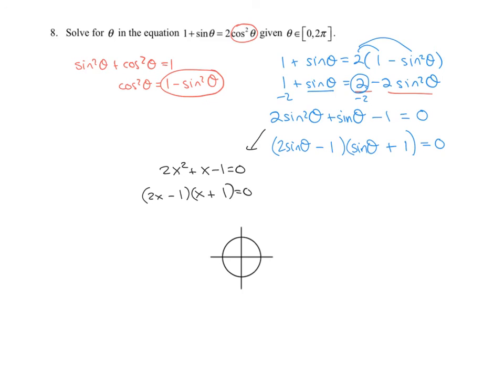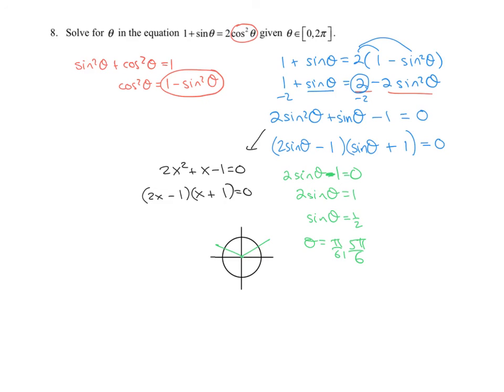Now I want to solve my two equations. So 2 sine theta minus 1 equals 0. I add 1 to both sides. 2 sine theta equals 1. Sine theta equals 1/2. That happens at theta equals pi over 6 and 5 pi over 6.